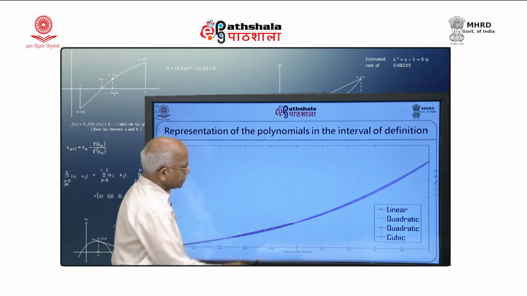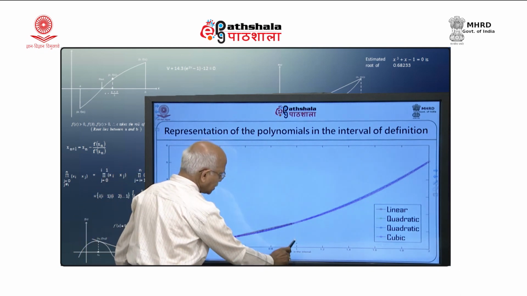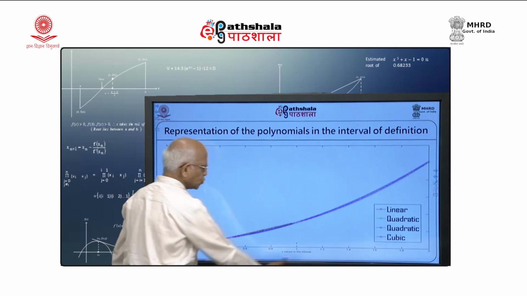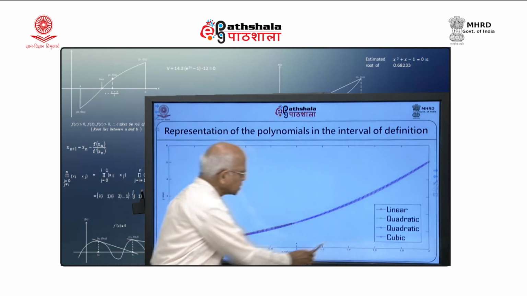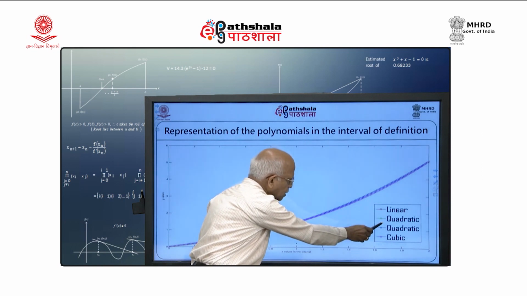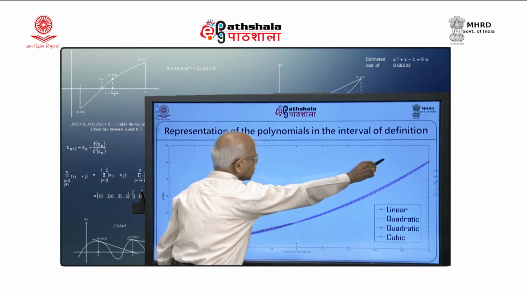Then one quadratic will be between 0 to 1 and another quadratic will be between 0.5 to 2, so there will be 2 curves, one green and one blue, and the cubic will be on the entire interval, given by this.